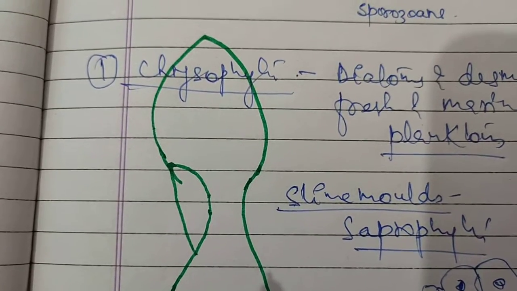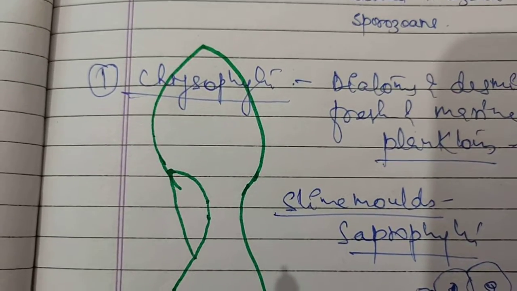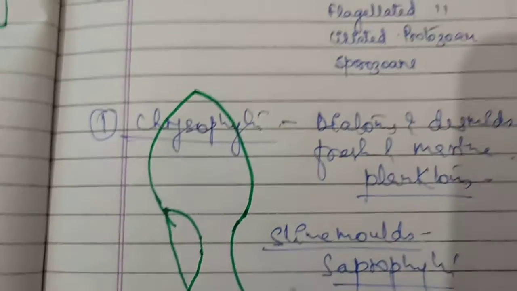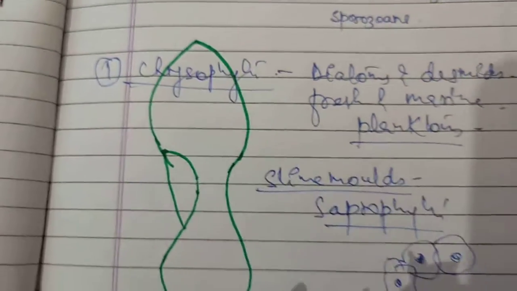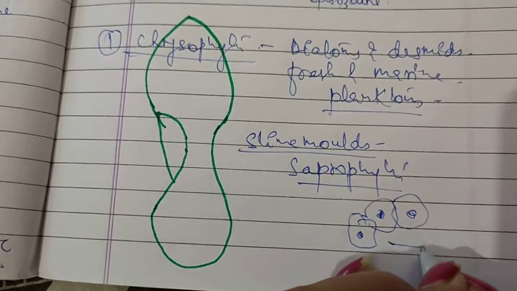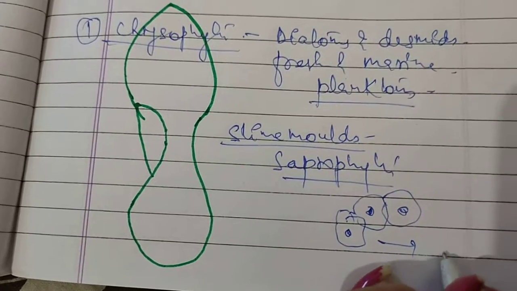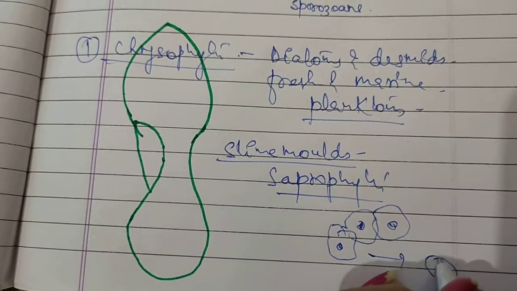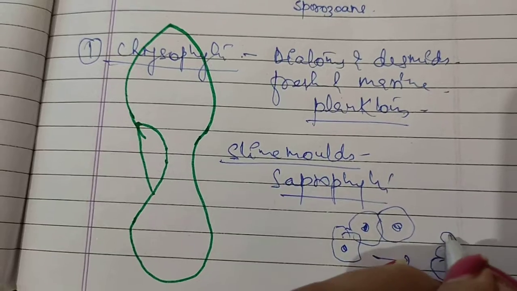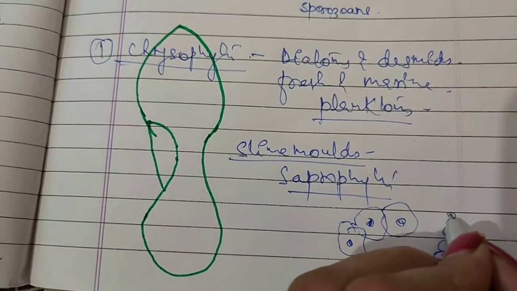During unfavorable conditions, the plasmodium differentiates and forms fruiting bodies bearing spores at their tips.